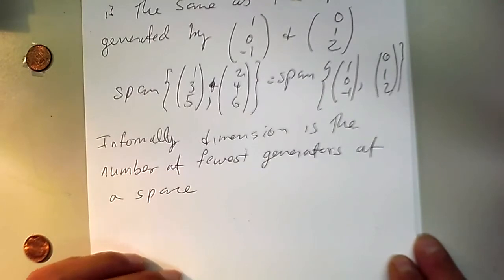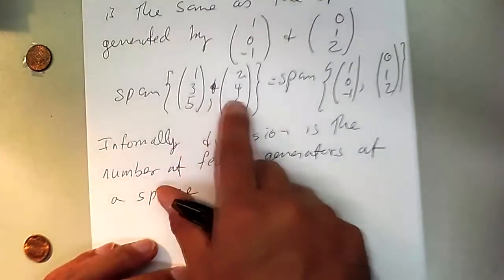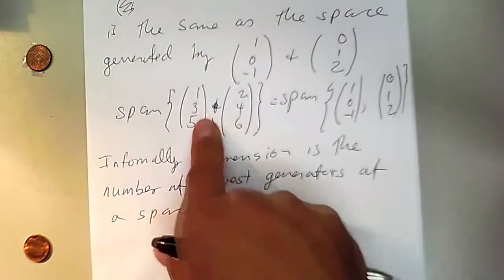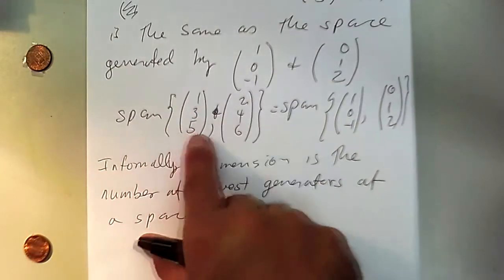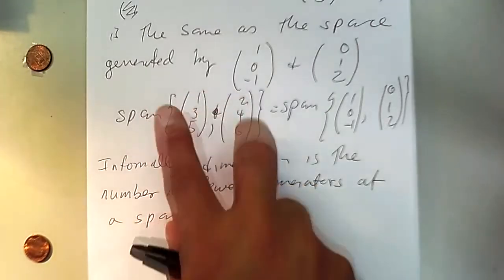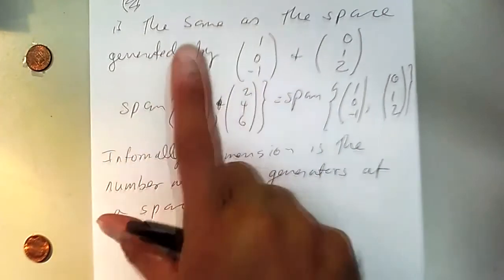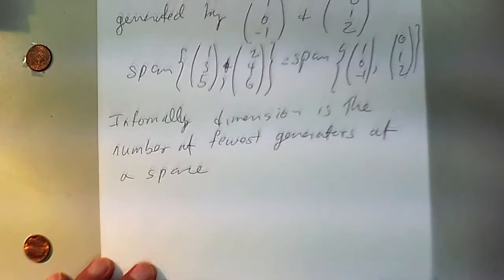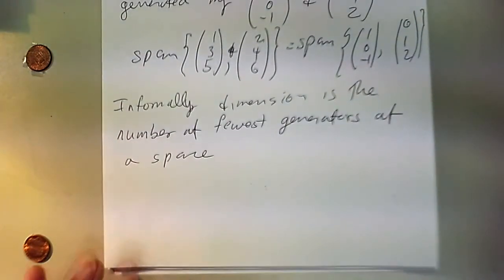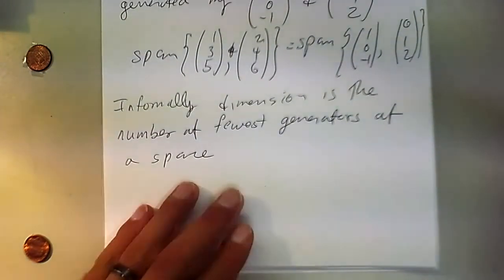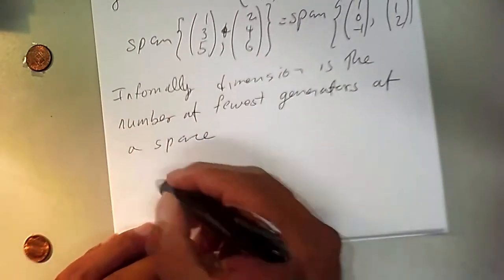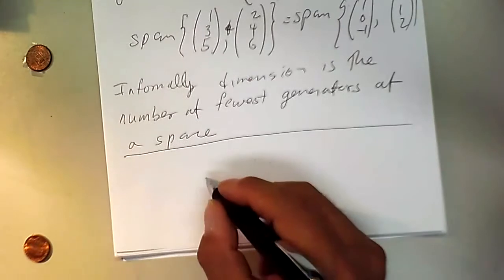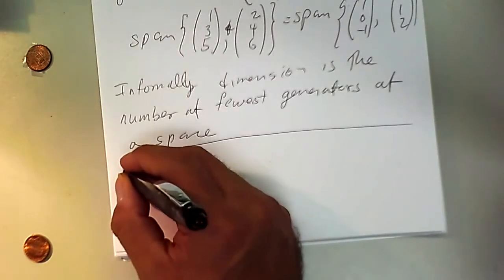So again, the dimension is the fewest number of generators of a space. So the dimension of this space is 2. That is going to be relevant. So we are still in example 1.